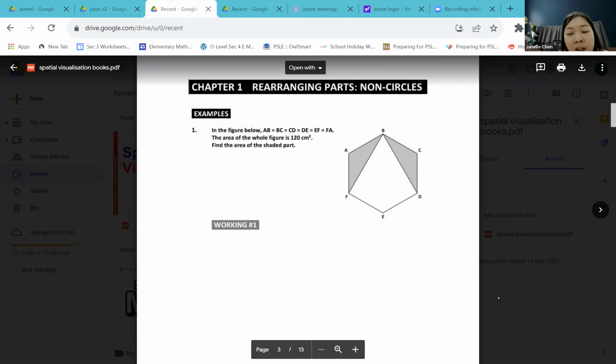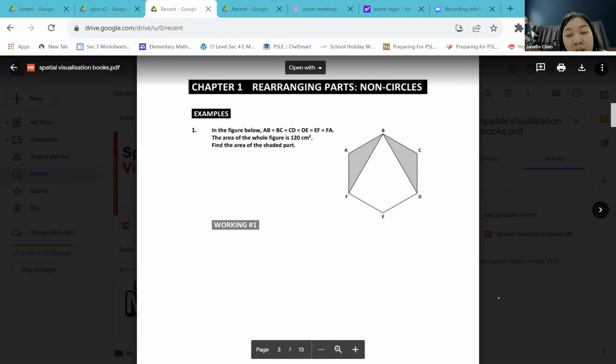Think how you can shift the location of the shaded parts in order to form something more regular. When I say regular shapes, I mean shapes that we have learned how to find the area of, such as rectangles, squares, circles and triangles.